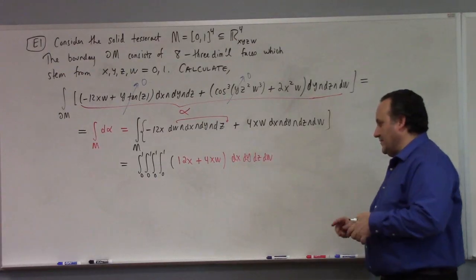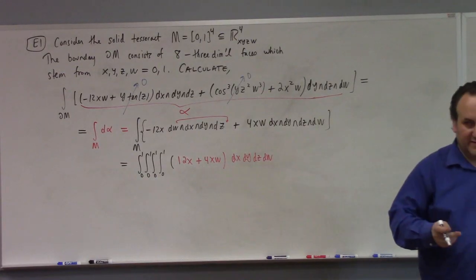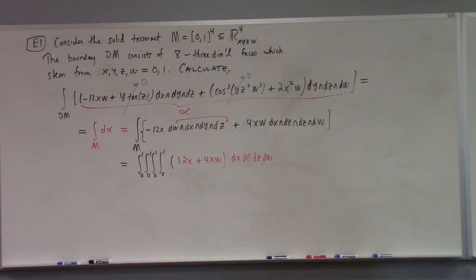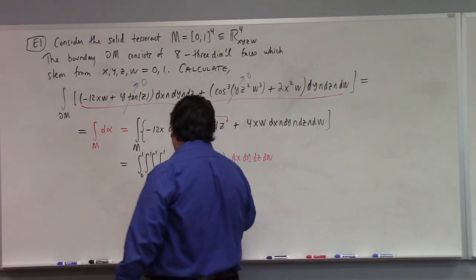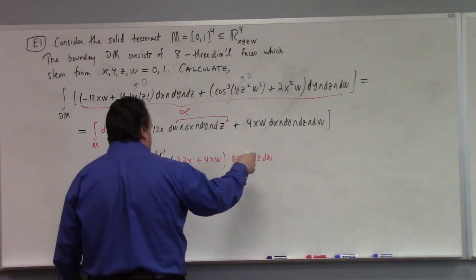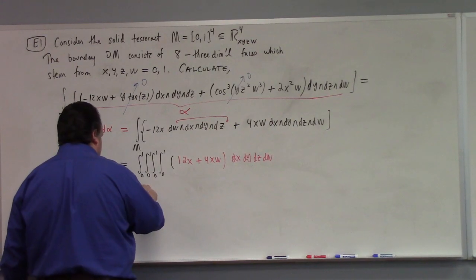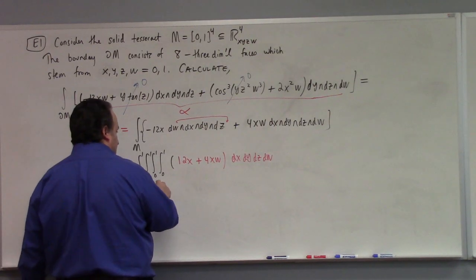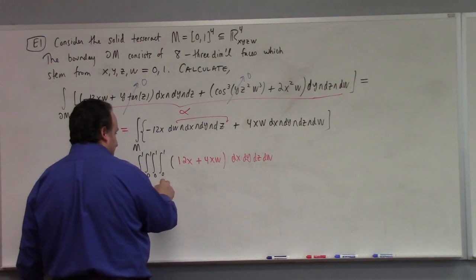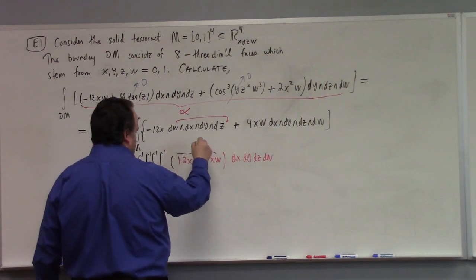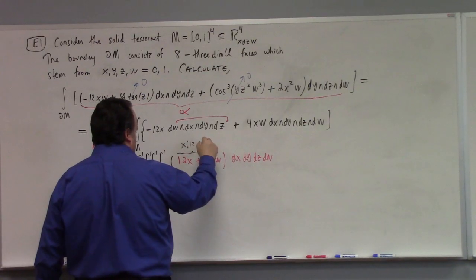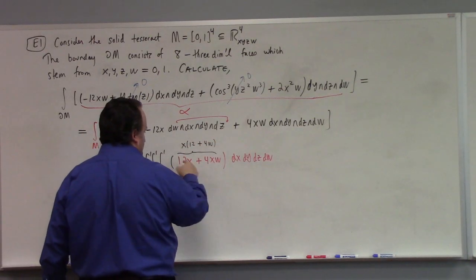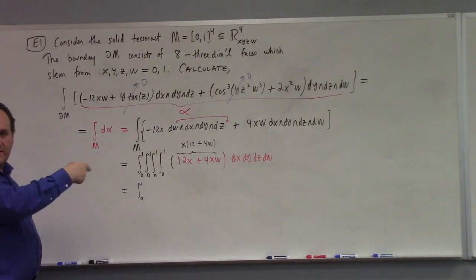Fortunately, Calculus 3 is a prerequisite for this class, so you guys know how to do this, as you remember all of the fourfold integrations you did in Calc 3. But look, these integrals are decoupled. This is x times 12 plus 4w, right? I can factor the x out.